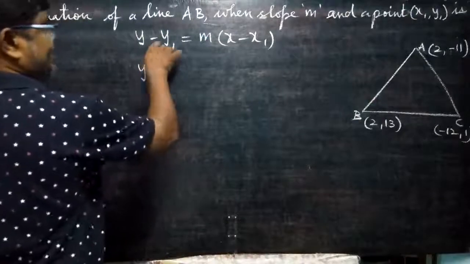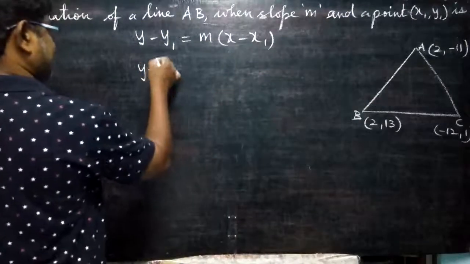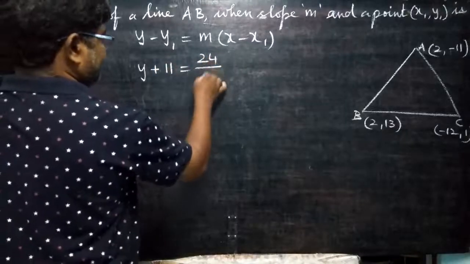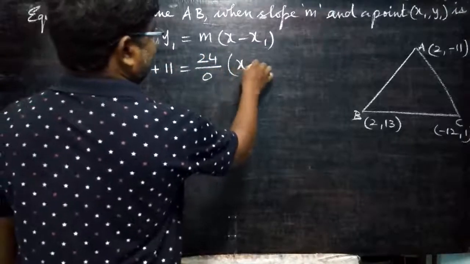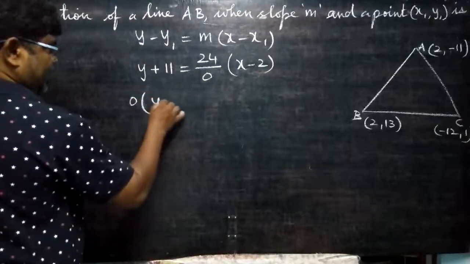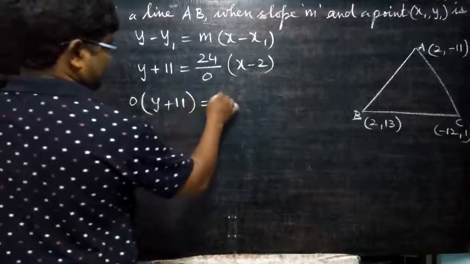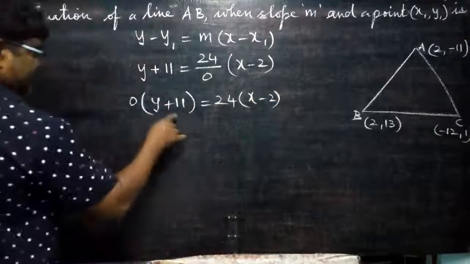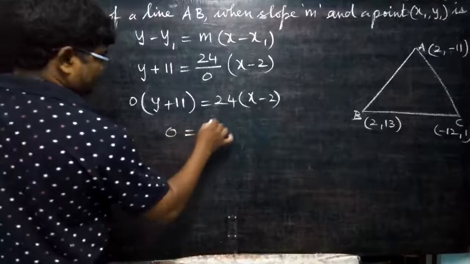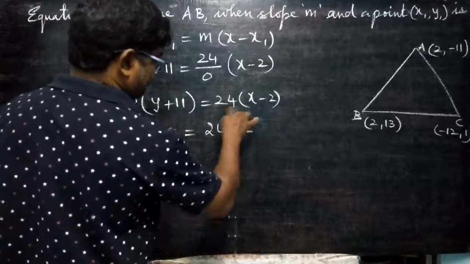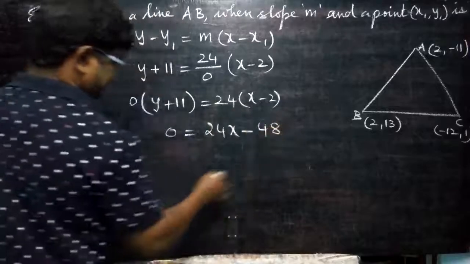So y minus, minus into minus, plus 11 is equal to m, we got 24 by 0, into (x minus 2). Do cross multiplication. 0 into (y plus 11) is equal to 24 into (x minus 2). 0 into anything is 0. 24x, plus into minus, minus 24 into 2 is 48.